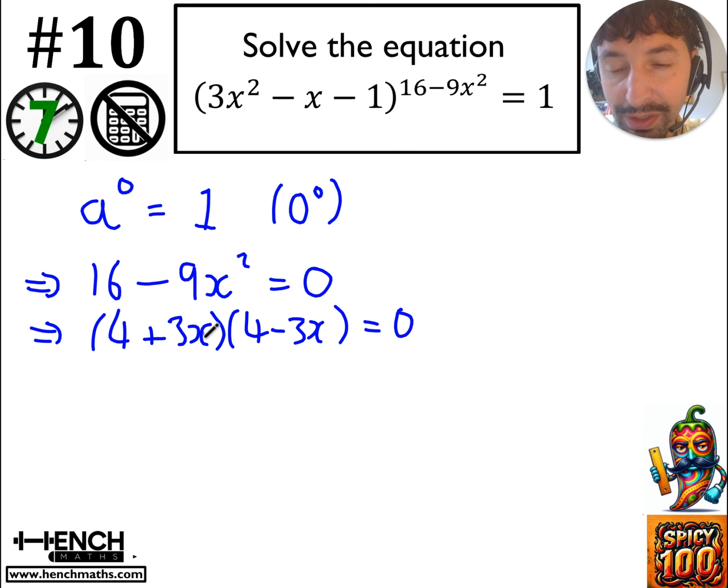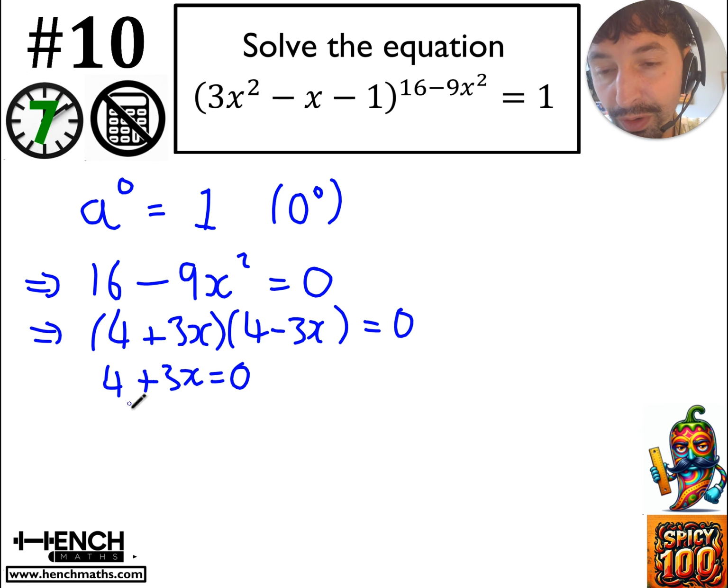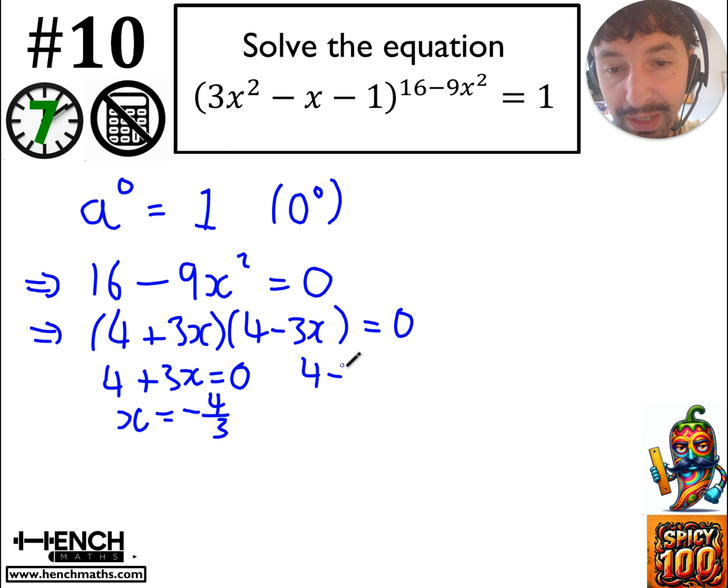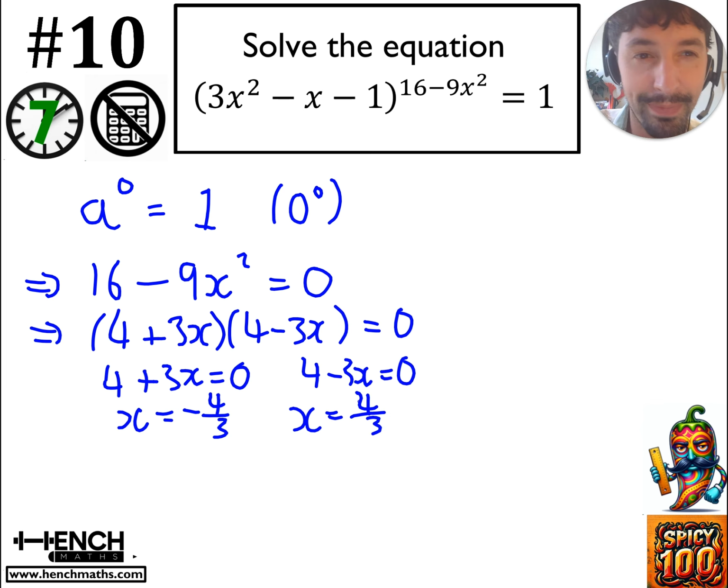So 4 plus 3x would be equal to 0. So move the 4 over, divide by 3, so we get x equals negative 4 over 3. And here we'll do the same thing. I'm just going to move the 3x over. And so we get x is equal to positive 4 over 3. So we found two solutions already.